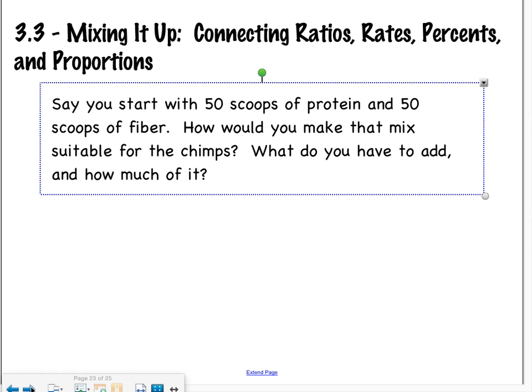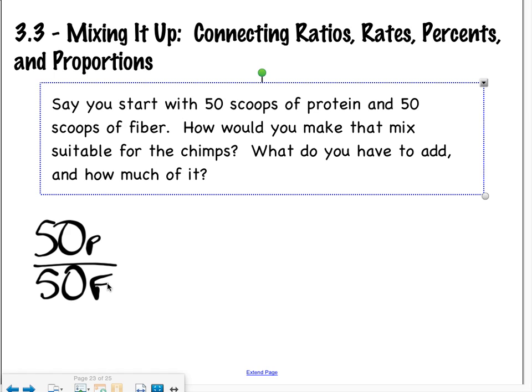All right, so let's say that you start with 50 scoops of protein and 50 scoops of fiber. So 50 protein and 50 fiber, that is what we start with. So how do we make this suitable for the chimps? First we need to figure out what we have to add and how much of it.